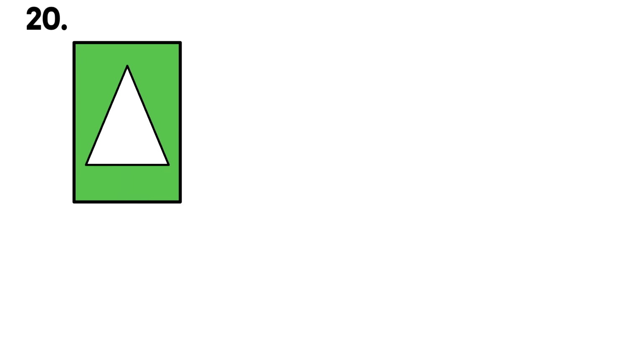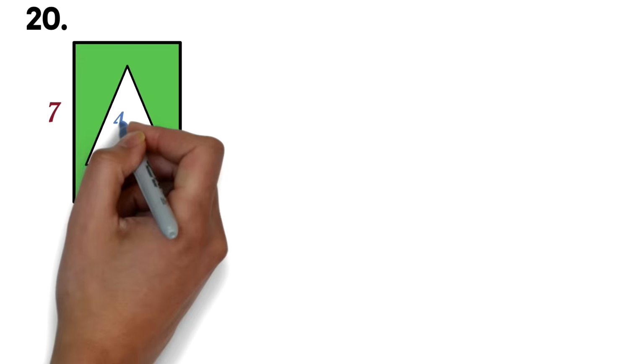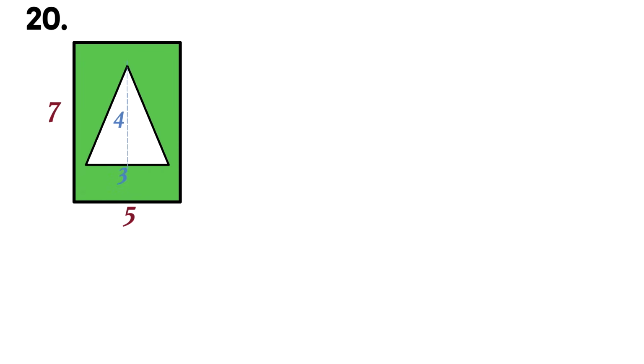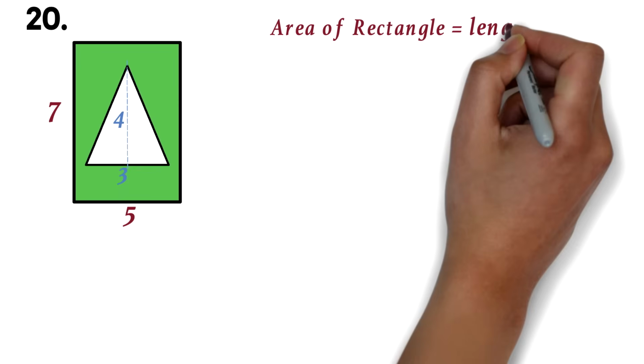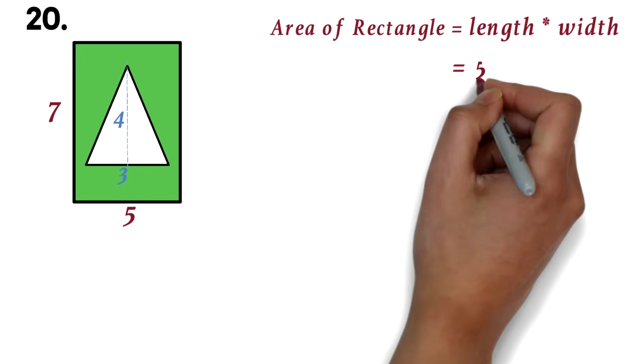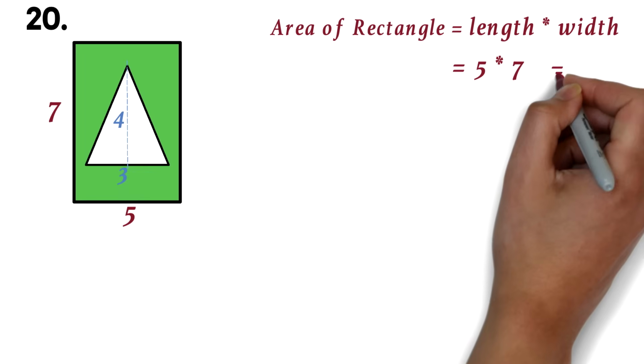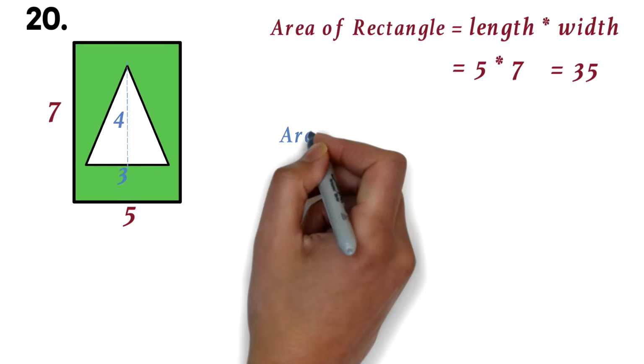Question 20. Here, we are supposed to find the area of the green shaded portion. Questions like this are also very common. The work here is to find the areas of the two shapes and subtract. We start by finding the area of the rectangle. This is the length times the width. So we will have 5 times 7, which is 35.